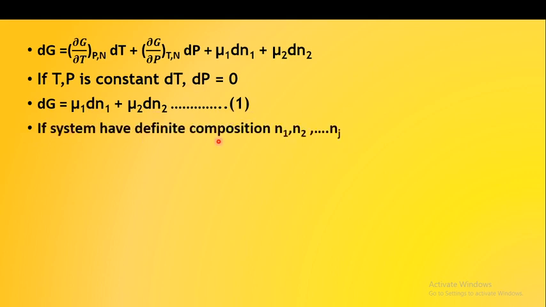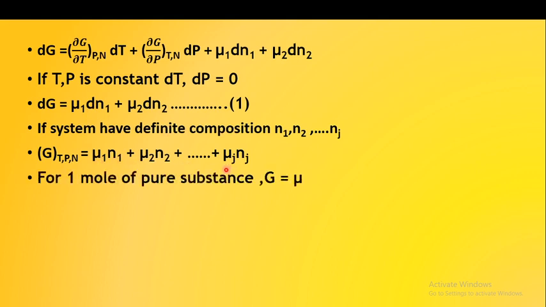If the system has definite composition, that is n1, n2 up to nj, then G at constant temperature, pressure and number of moles can be written as mu1 n1. Since the system has definite composition, the d is cancelled. Therefore we can write mu1 n1 plus mu2 n2 up to muj nj.